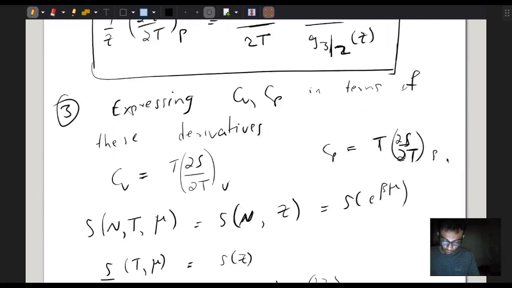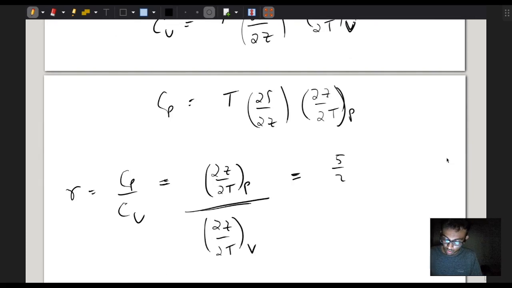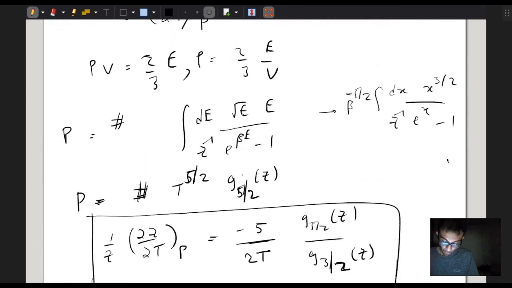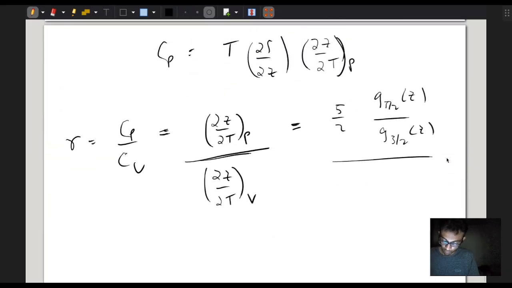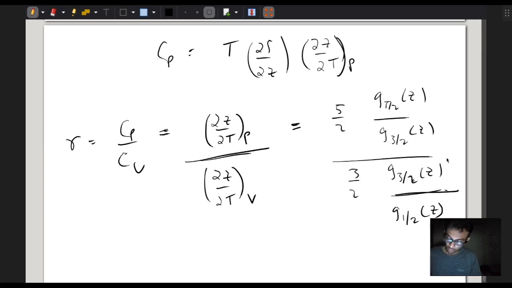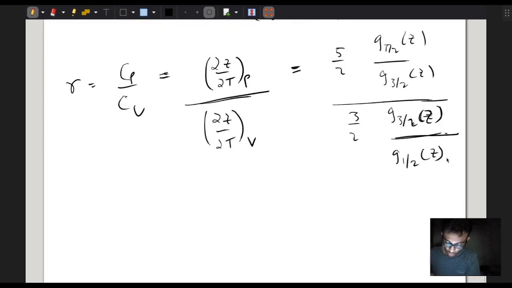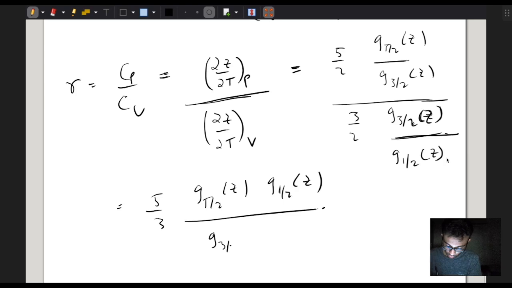So this is going to be 5 by 2 g5 by 2 by g3 by 2 divided by, okay, so this is going to be 5 by 3 times g5 by 2 of z times g1 by 2 of z by g3 by 2 of z whole square.